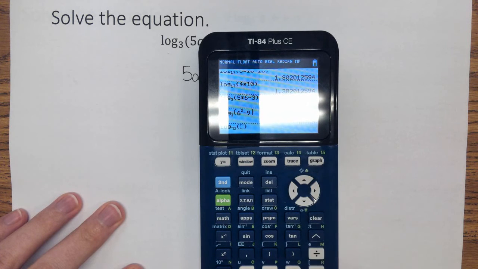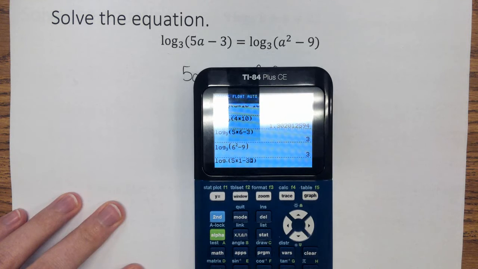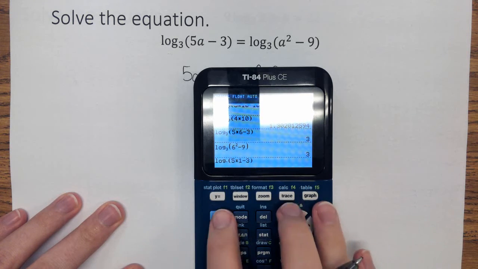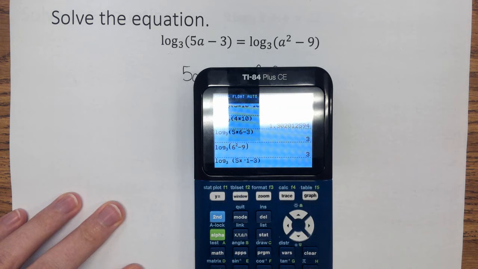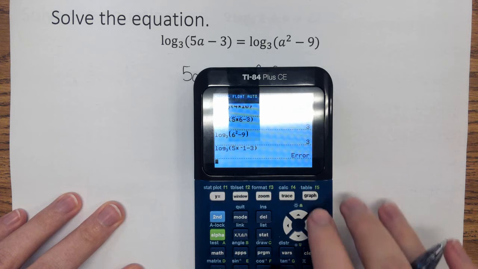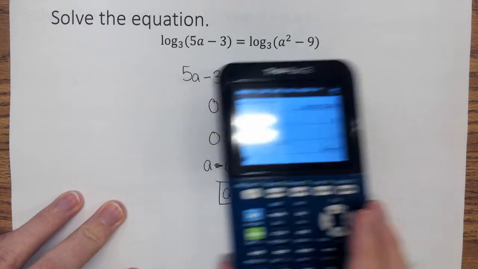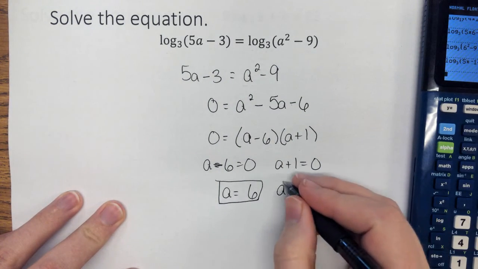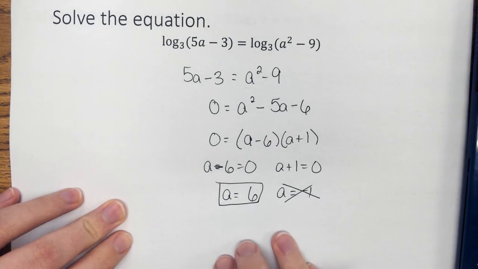So this time, log base 3 of 5 times negative 1 minus 3. Let me insert a negative there, make sure all of my bases work right. And that's a problem. So I've gotten an error because that's not in my domain. So negative 1 does not work. So the only possible answer here is 6.